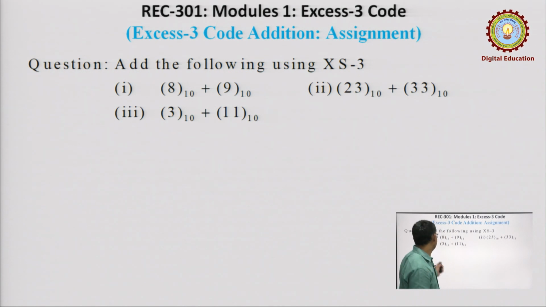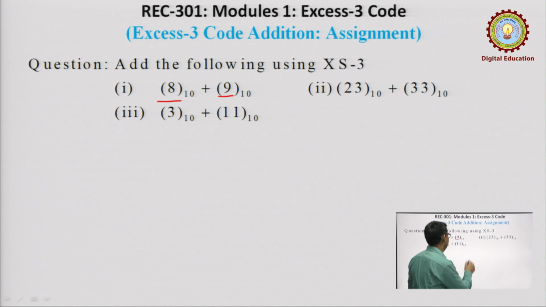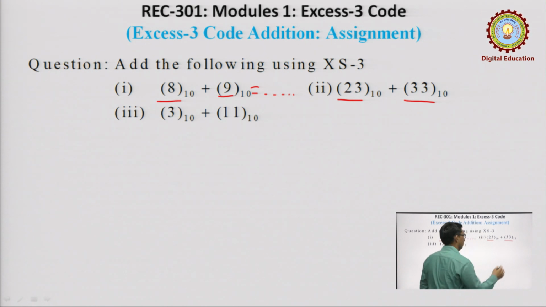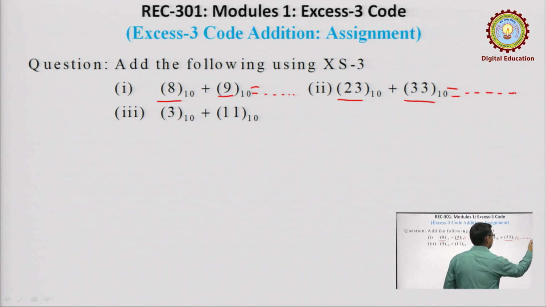So, these are the questions. Add the following numbers using Excess-3 code. This is the assignment: 8 plus 9. What will be the answer? Second one is 23 plus 33. What will be the answer for this?